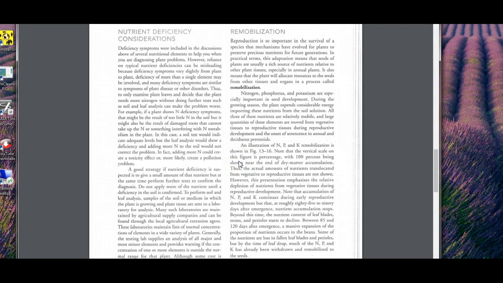Oh, the moving around of N, P, and K is actually on the next page. Hang on a second. Okay, let's see if I can put that on here too. Oh, I don't have the camera on. Okay, well, I'll finish with this and then we'll look at the picture.